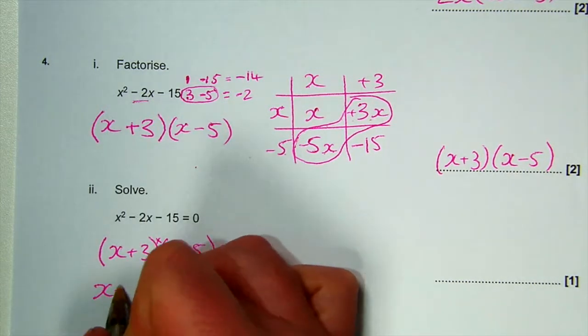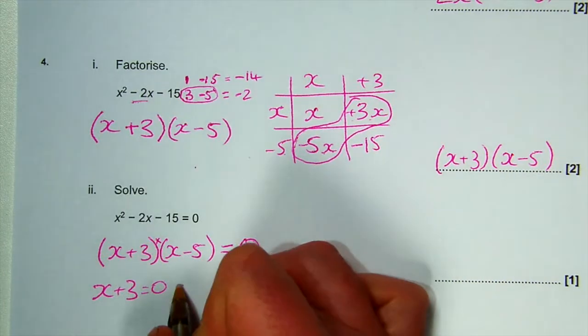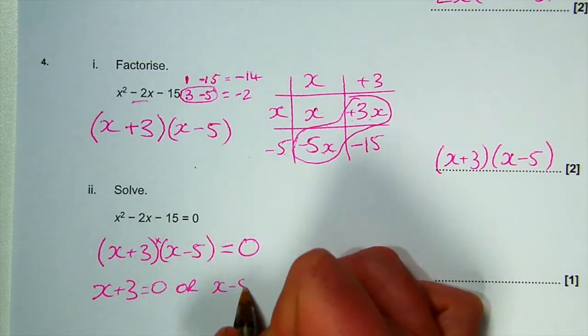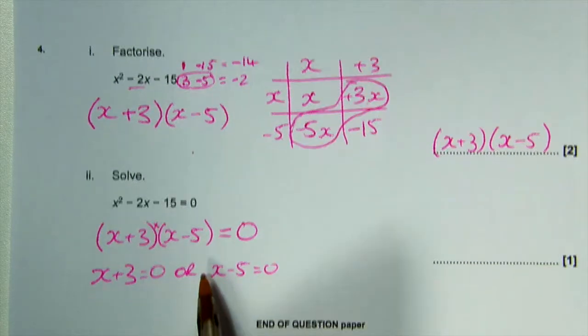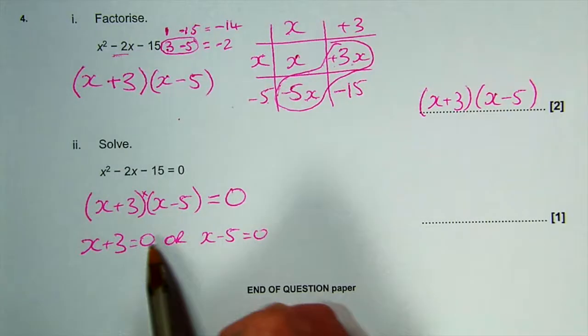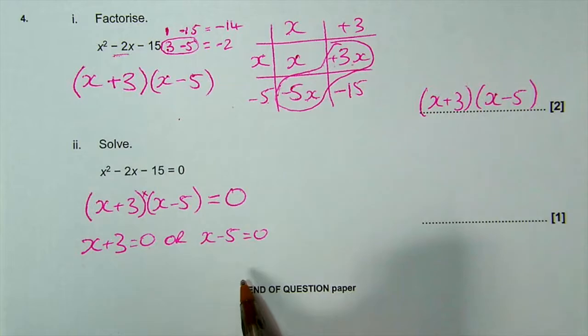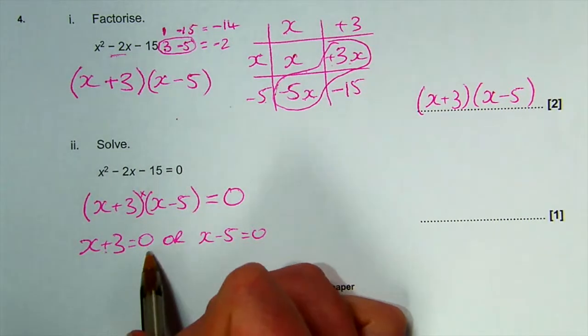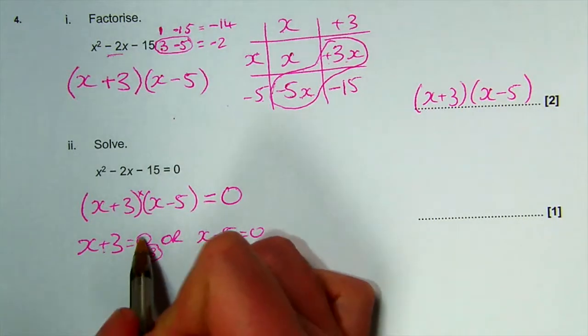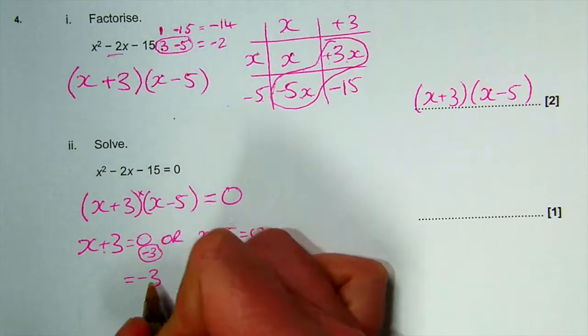So we end up with either x plus 3 being equal to 0, or x minus 5 being equal to 0. One of the brackets has to be 0. Now they look a bit weird because they're equal to 0, but these are actually now very basic equations to solve. A plus 3 goes over to be a minus 3, and 0 minus 3 is just minus 3.